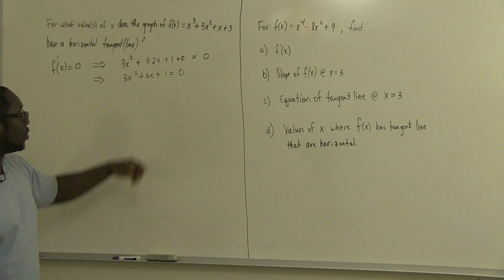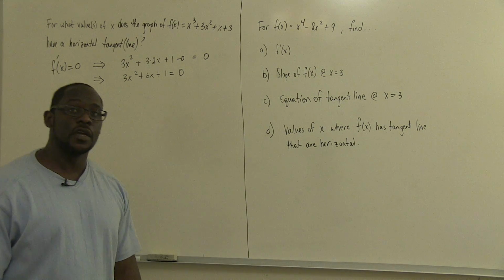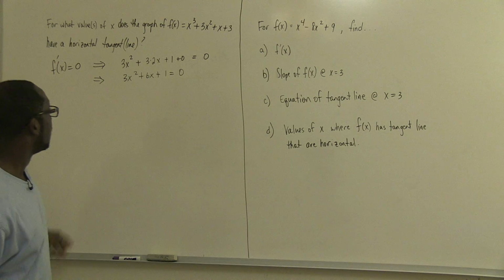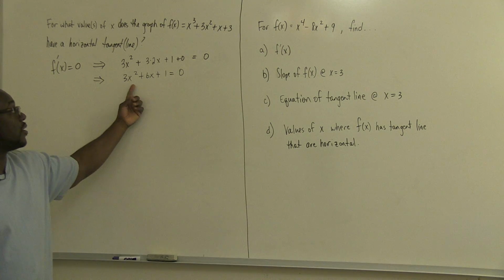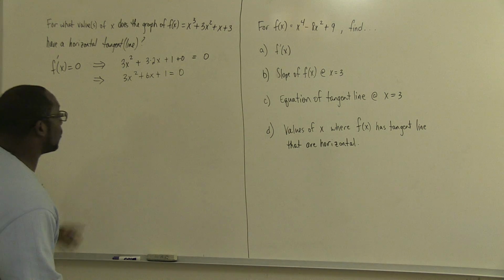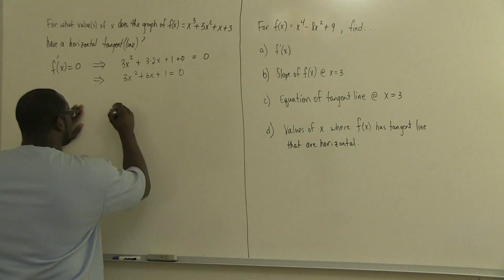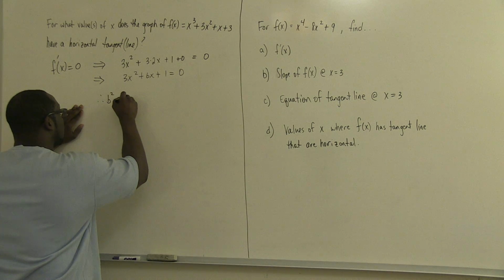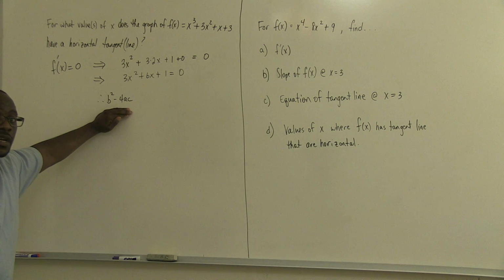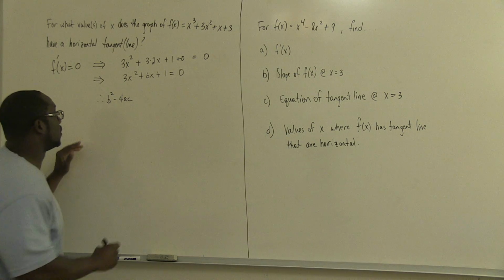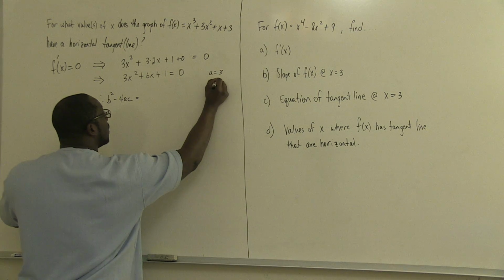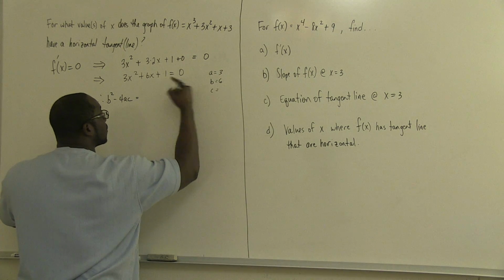Now, here, of course, we could do completing the square. We could use the quadratic formula. We could try to factor. I can tell you now that just by looking at this, we probably can't factor it, and I'm going to show you how I know that. If we look at the discriminant for this, and of course the discriminant is that particular expression that's under the square root sign in the quadratic formula, our A is 3, our B is 6, and our C is 1 here.